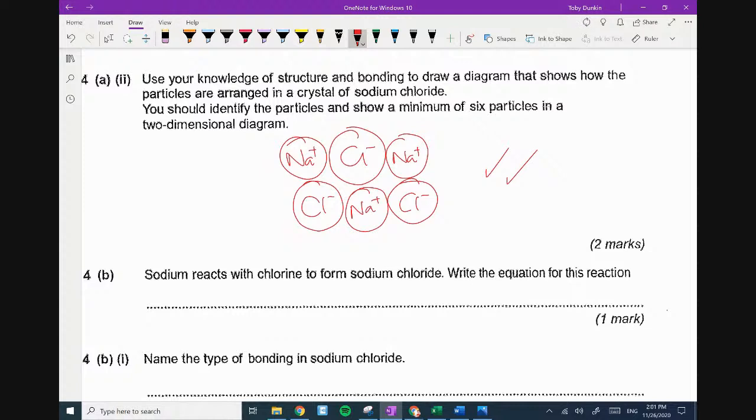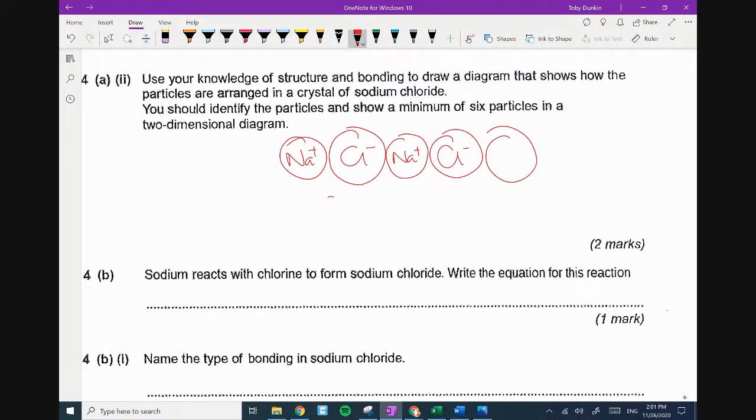By the way, here's a problem. If you ever do this as a single line, you can still get the mark. You can have it like that. It still shows the repeating pattern. But I always recommend to produce 2 layers. It's better understanding in the 2 layers, I think.